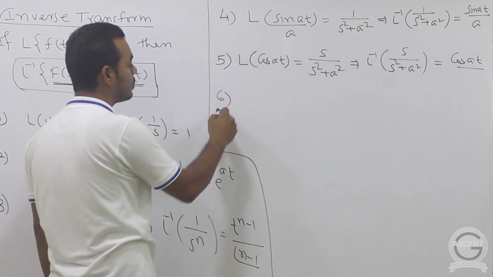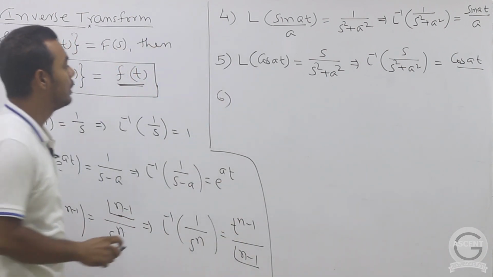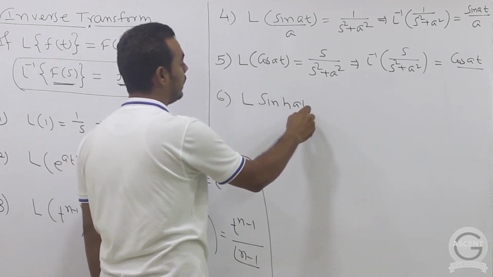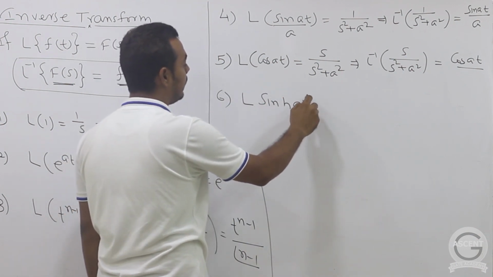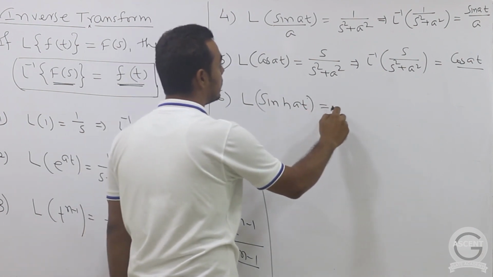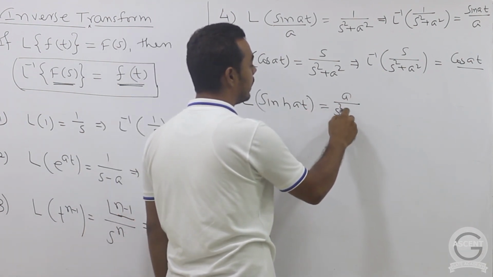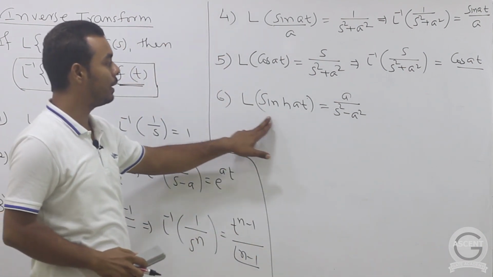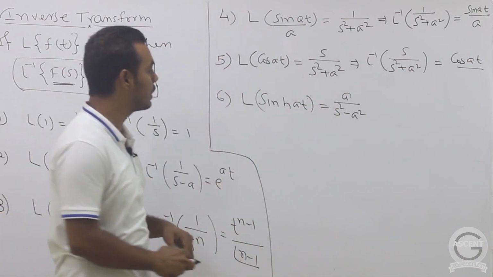The next 2 are based on hyperbolic sine and cosine. So our sixth one is Laplace transform of sinh(at), which was a/(s^2-a^2).